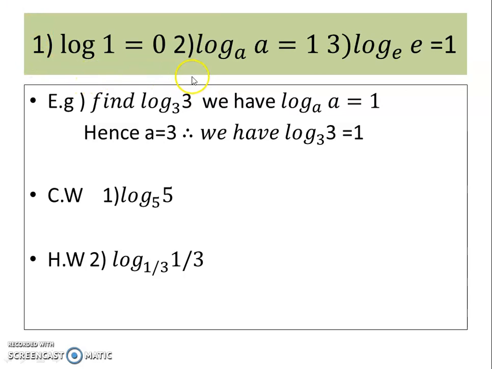Suppose we take this example in a simple pattern: log 1 is always 0, log a to the base a is equal to 1, log e to the base e is 1. So find log 3 to the base 3. We know that log a to the base a is 1, so putting 3 instead of a, the answer is 1. Think about log 5 to the base 5, and log 1 upon 3 to the base 1 upon 3. Solve this example as homework. You may derive the value 1.